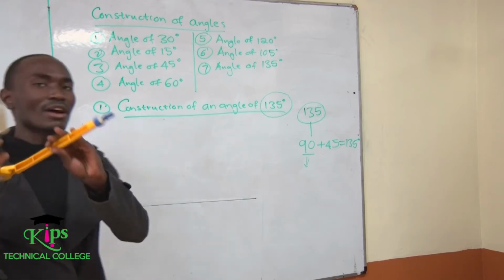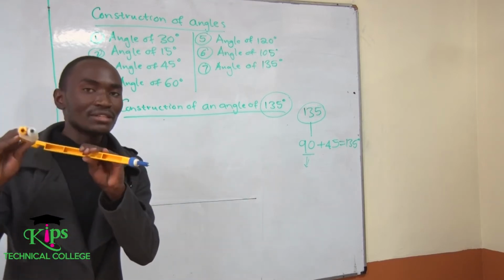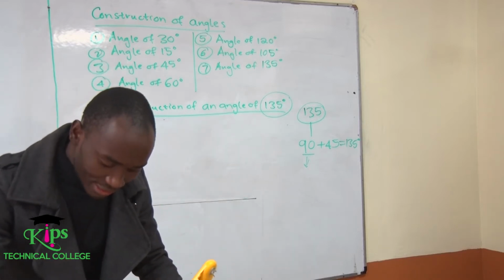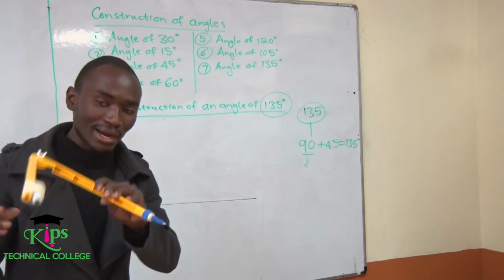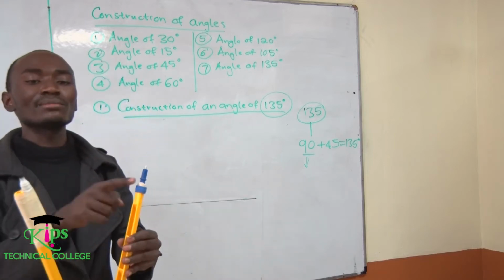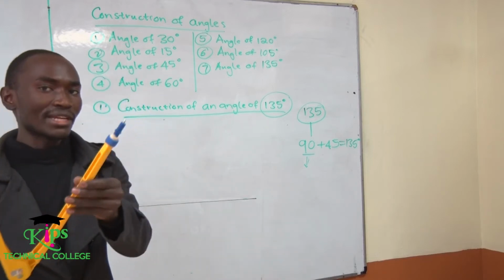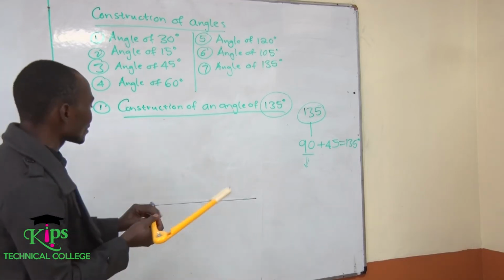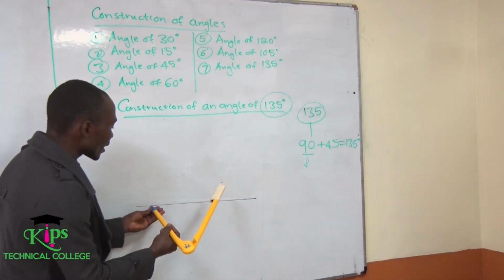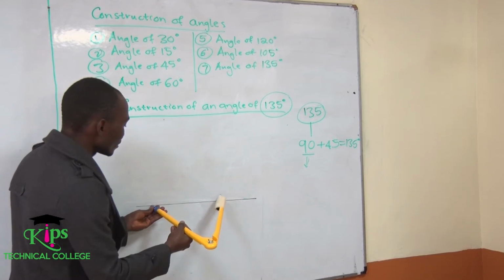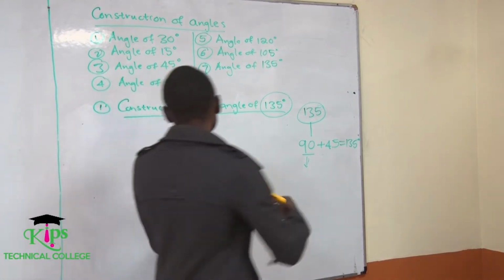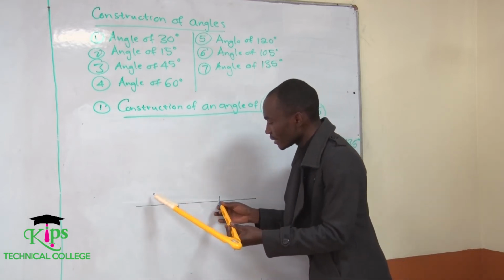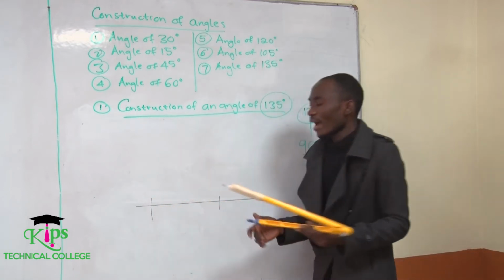For instance, if you have been given some measurements, let's say 50 millimeters, I will take those same measurements using my compass. Let's assume this is my 50 millimeters. I will transfer those measurements onto this line. I will make an arc like this, then stand on this arc and make another arc.